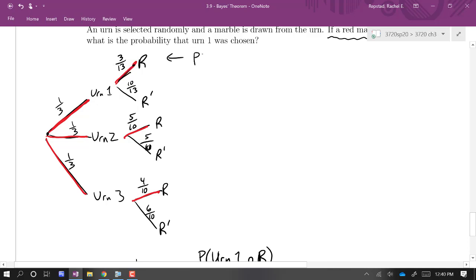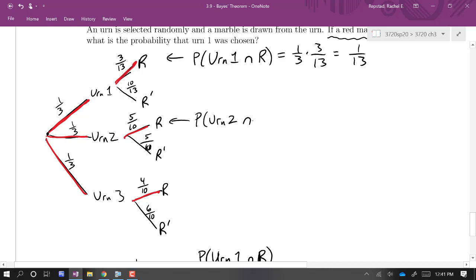So the probability that we chose urn 1 and got a red marble is 1 out of 3 times 3 out of 13, which is 1 out of 13. The probability that we chose urn 2 and got a red marble out of it is 1 out of 3 times 5 out of 10, or I guess 1/2, and that's 1 out of 6.